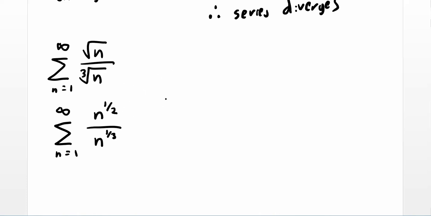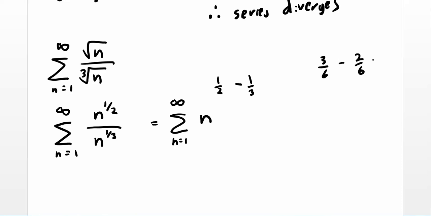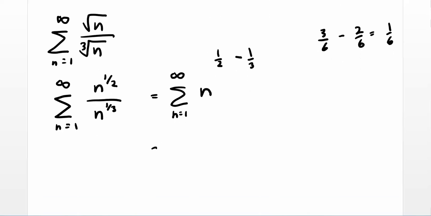Remember that you subtract exponents when you divide numbers at the same base, so this becomes n to the 1/2 minus 1/3. So let's see, 1/2 is 3/6. 1/3 is 2/6. So this just becomes 1/6. So this is equal to n to the 1/6.